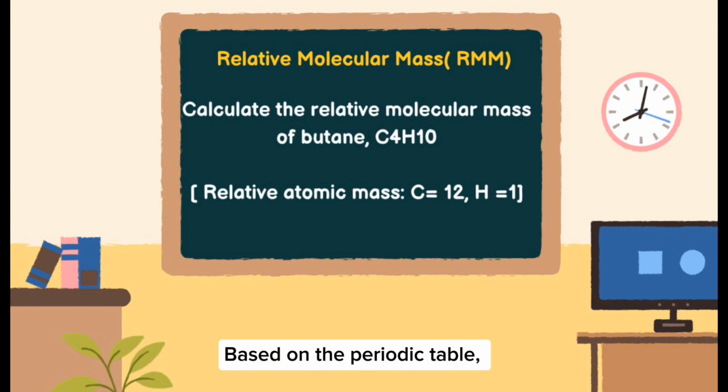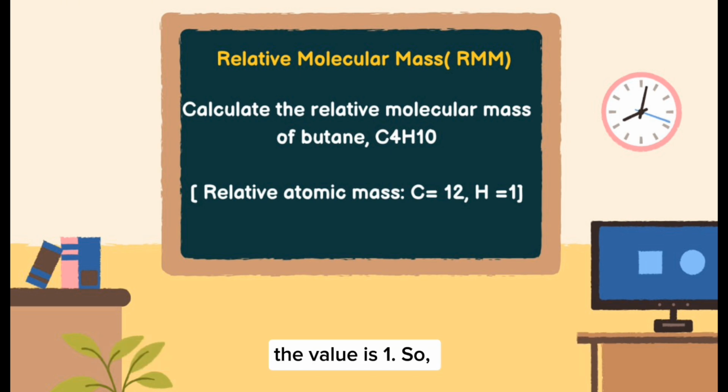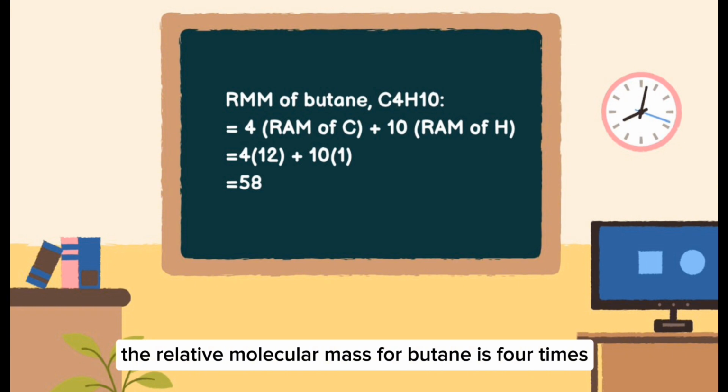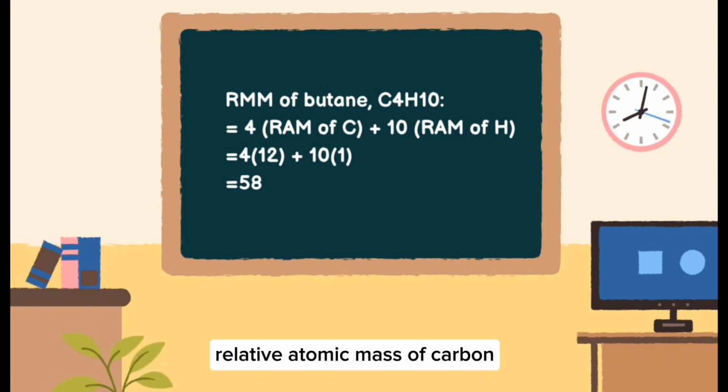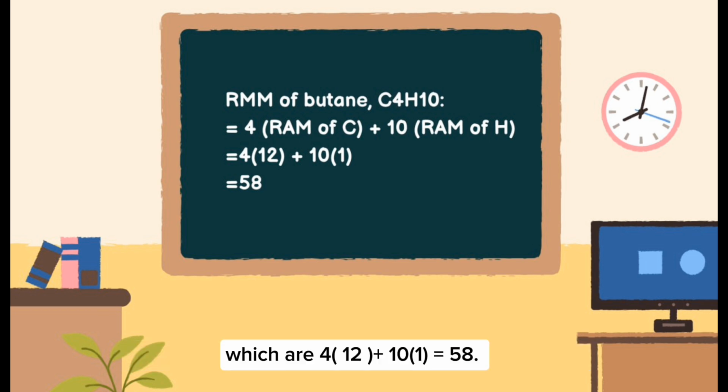Based on the periodic table, the relative atomic mass for C or carbon is 12, and for hydrogen, the value is 1. So, the relative molecular mass for butane is 4 times the relative atomic mass of carbon plus 10 times the relative atomic mass of hydrogen, which is 4 times 12 plus 10 times 1, equal to 58.